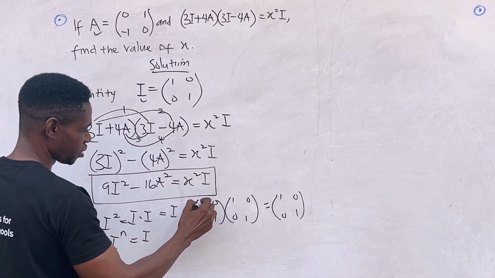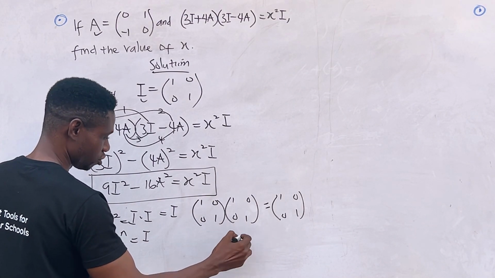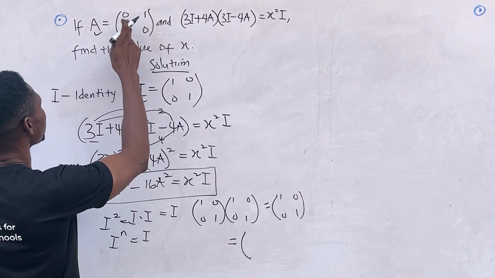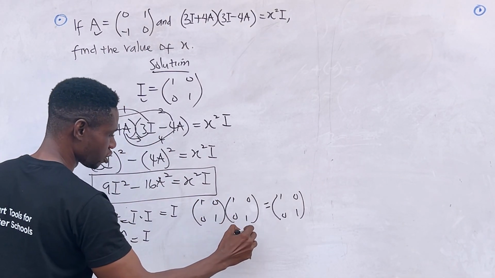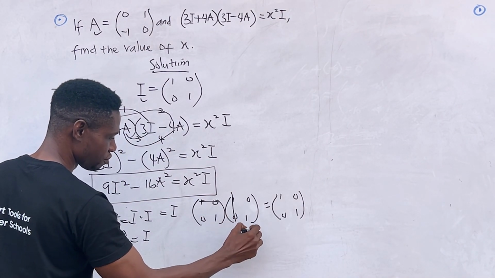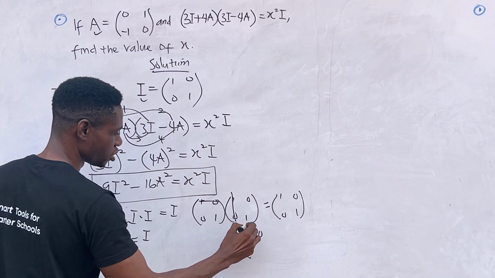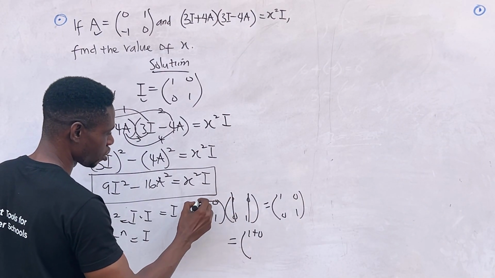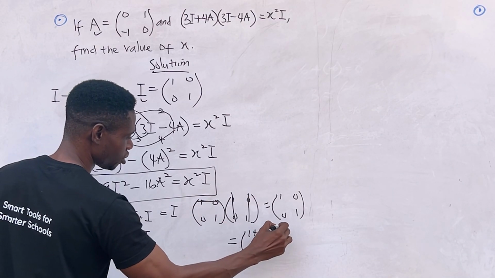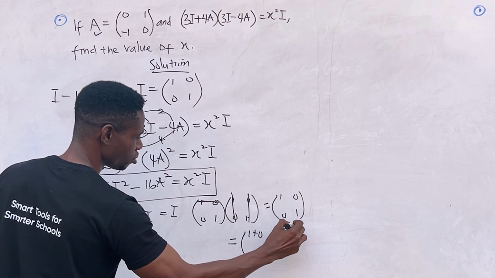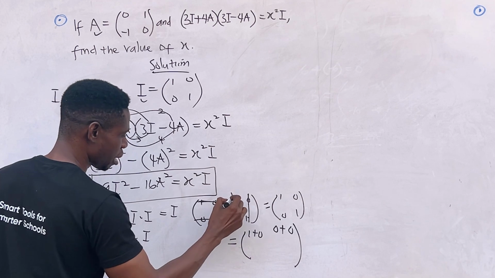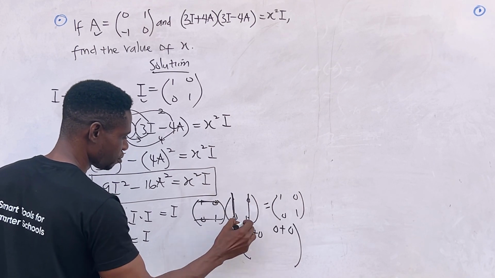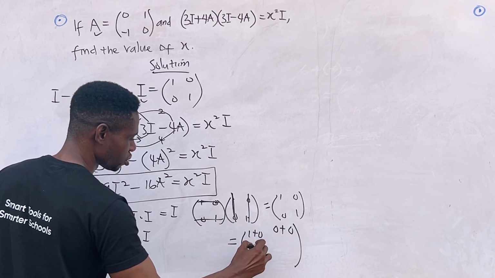But you can try it. Let's just do it quickly because we're going to do that for A. So 1 times 1, this multiplied by this to get the first one, we'll have 1 plus 0. This multiplied by this to get the second one, we'll have 0 plus 0. Now this multiplied by this to get the first one, we'll have 0 plus 0.